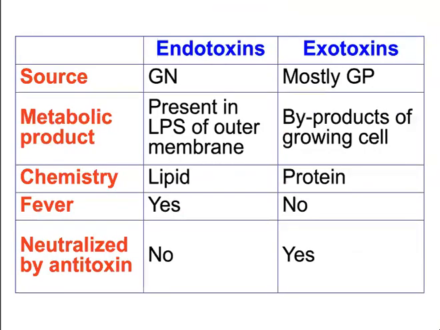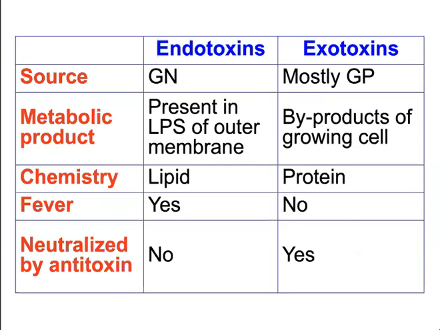So to summarize, para mas maintindihan natin, anong difference ng dalawa? Okay, yung ating endotoxins, common sa gram-negative. Si exotoxin, common sa gram-positive. Si endotoxins, present siya sa lipopolysaccharide or lipo-oligosaccharide in the case of your Neisseria. Okay? Si exotoxin naman, it's a byproduct of the cell. Ginagawa nga sa loob and then ine-excrete niya.